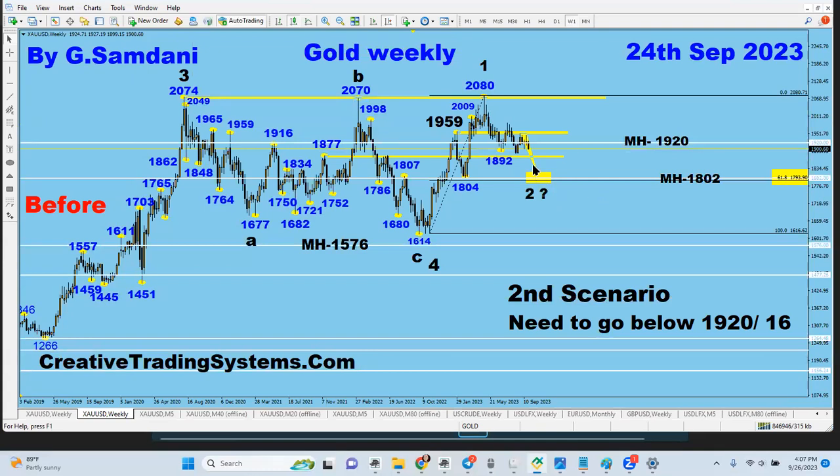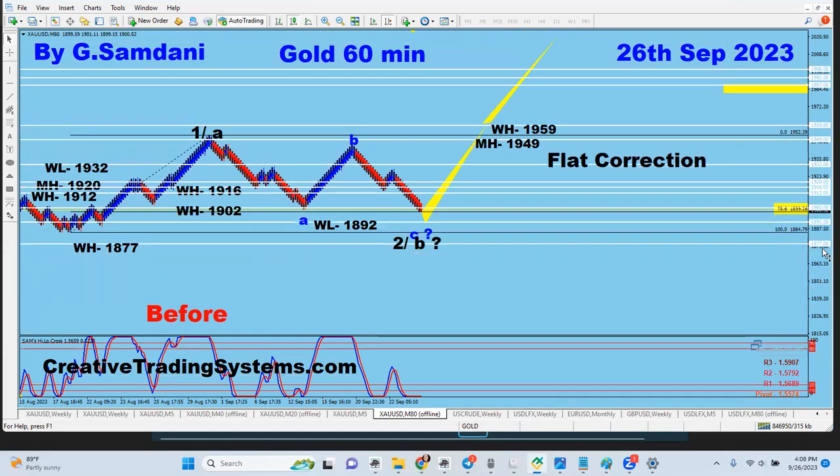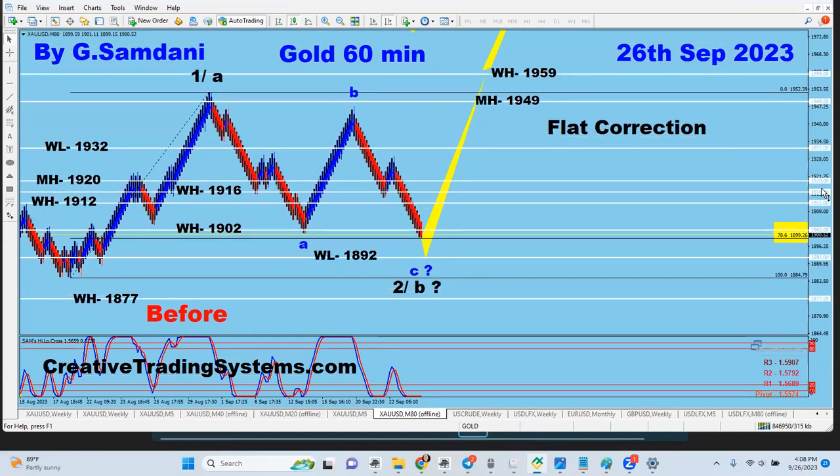And what is happening on a shorter time frame, exactly what's happening in between these two yellow bands, this chart is going to show. I just made it a little while ago. This is how it went up, and then this is the A, B, C correction for wave 2. It's a flat correction.